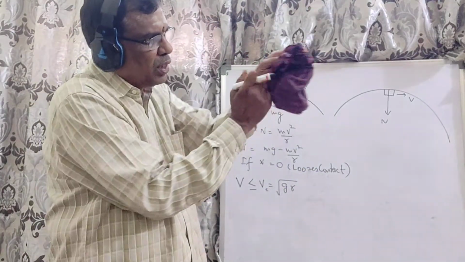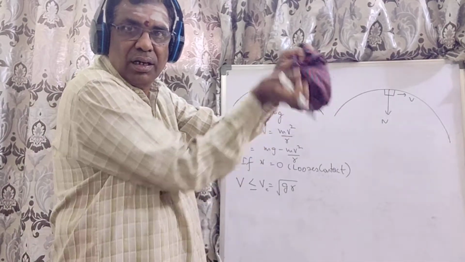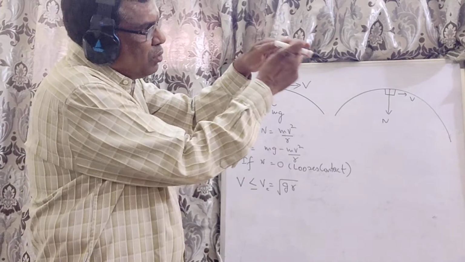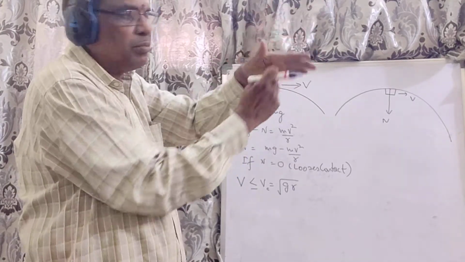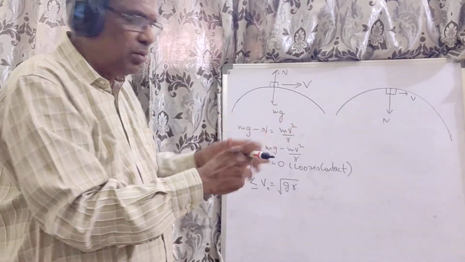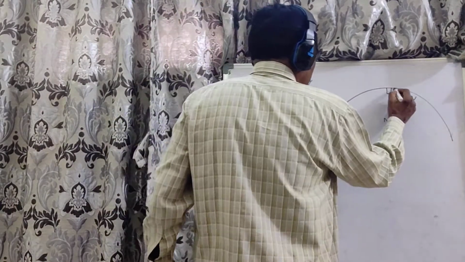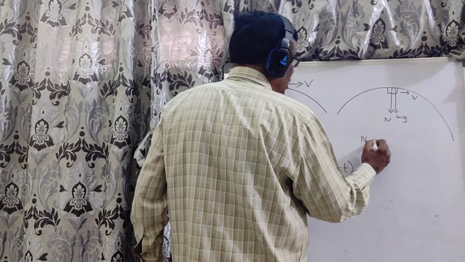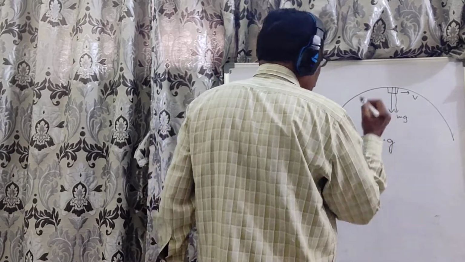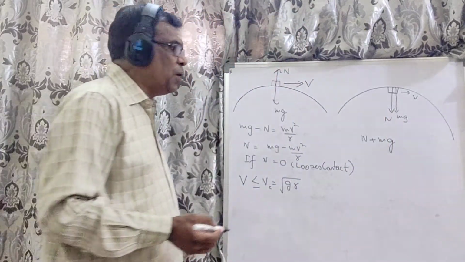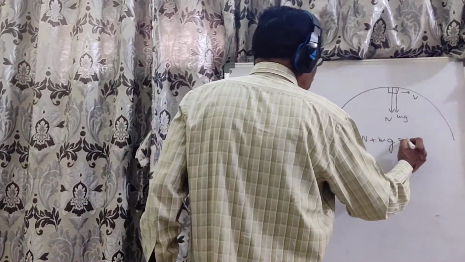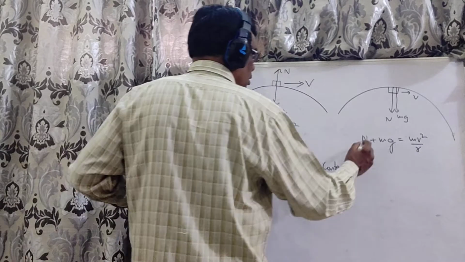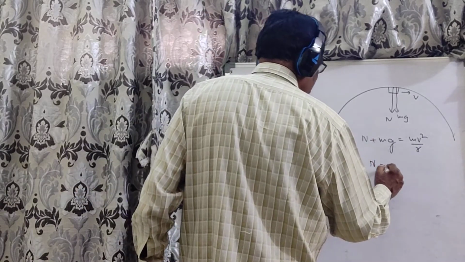It is now going on the surface. It is pressing, so it will press it down. So N here, obviously mg here. What is the centripetal force here? N plus mg is equal to mv square by r. So what is N?